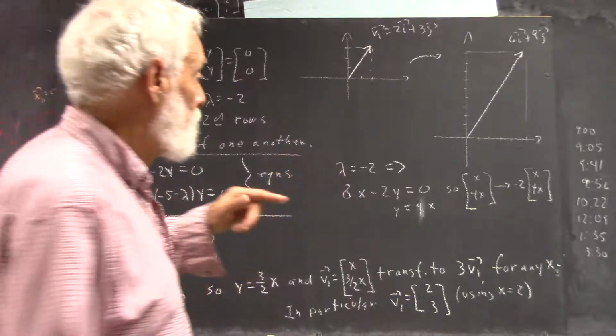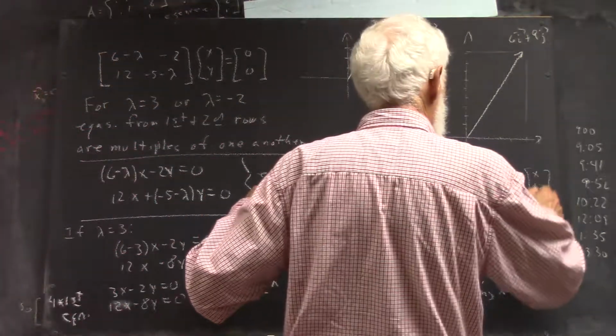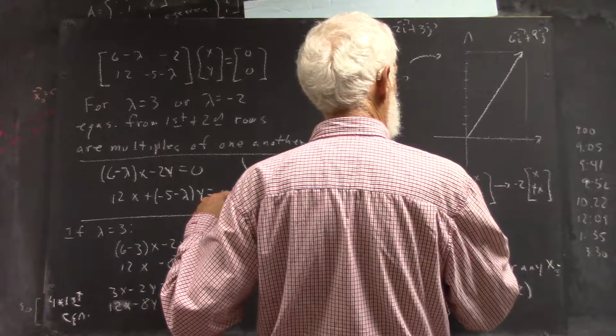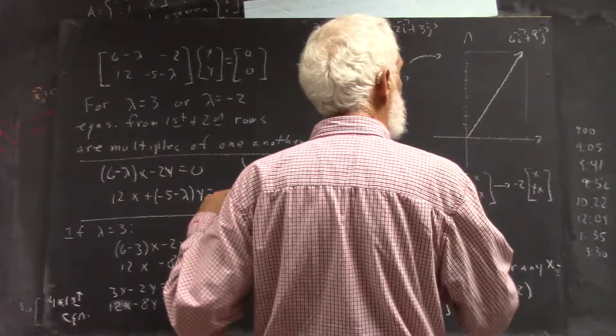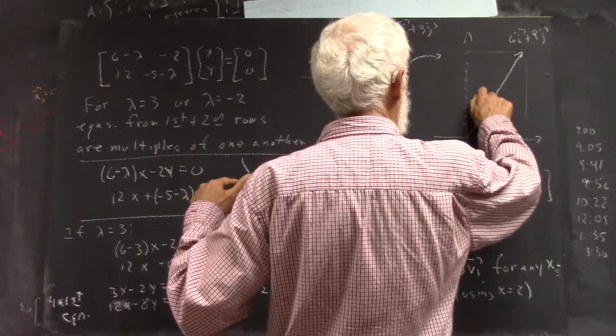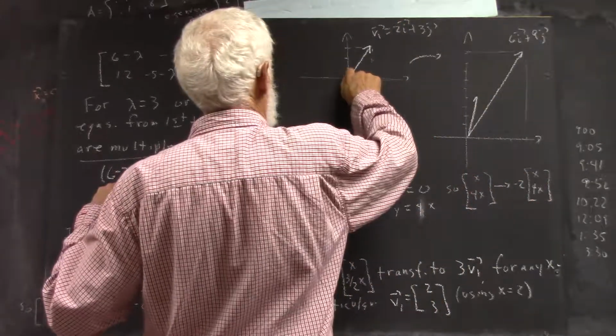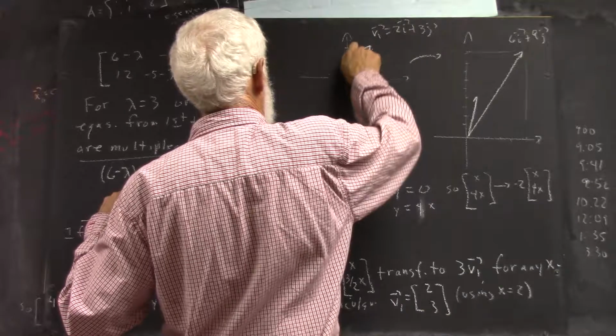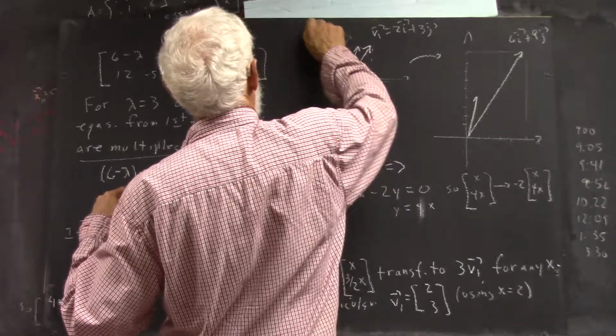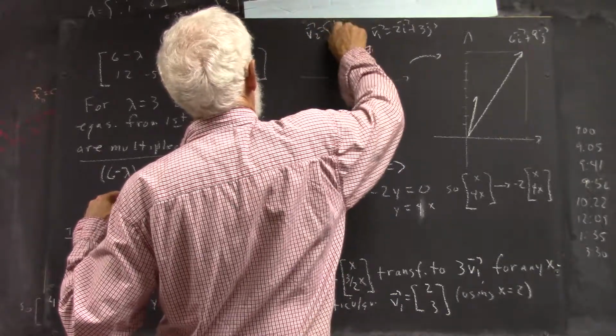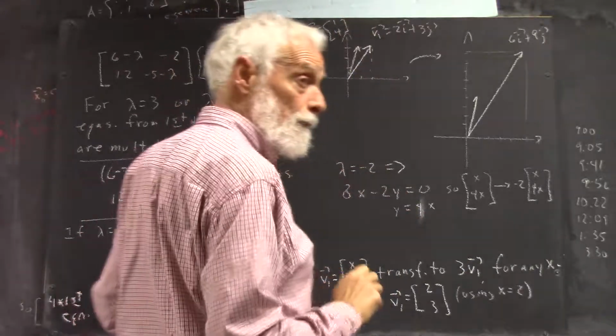Okay? Which means that the vector 1, 4. Whoops. 1, 4. It was like we have v2 equals 1, 4. Okay?